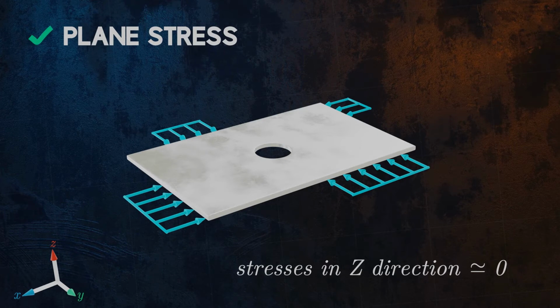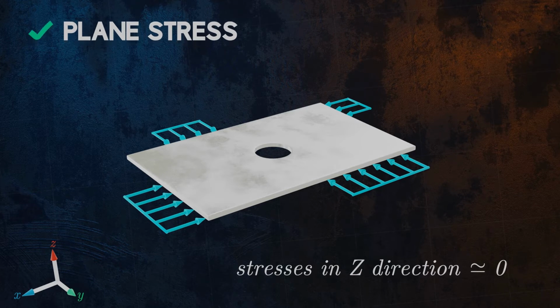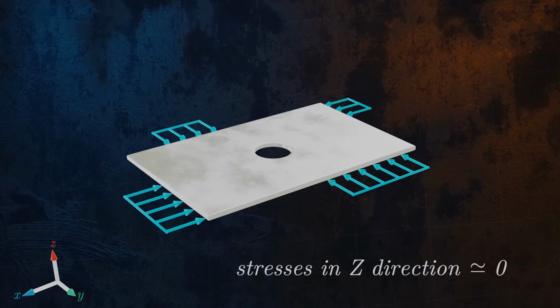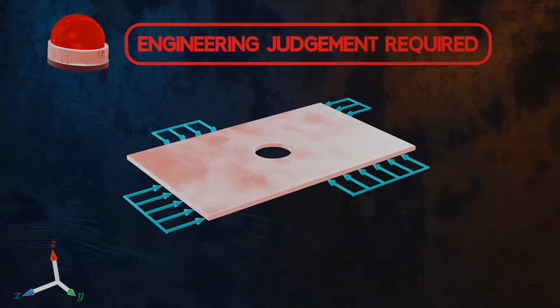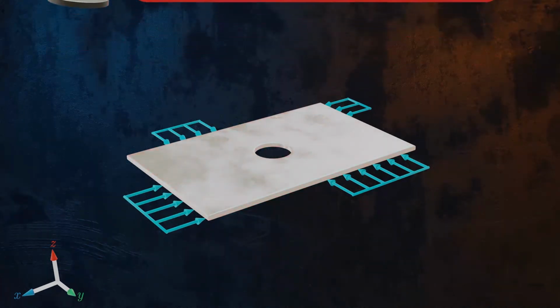A condition of plane stress applies. Of course, in reality, the stresses in the Z direction are unlikely to be exactly 0. Deciding whether a plane stress condition is applicable will always require a degree of engineering judgment.